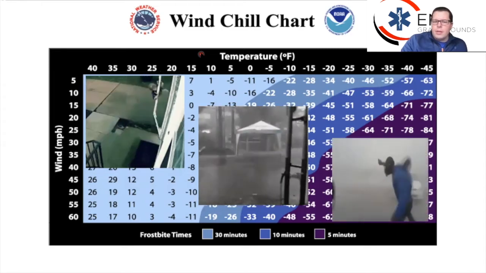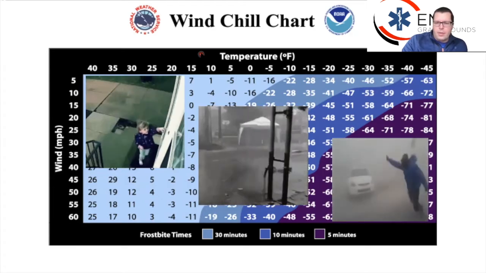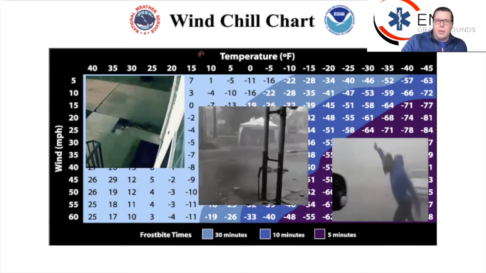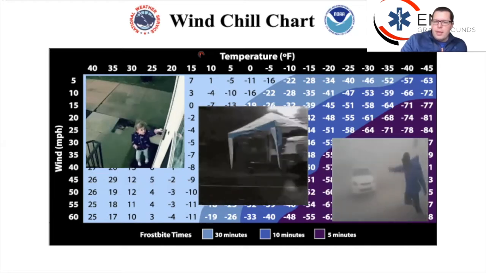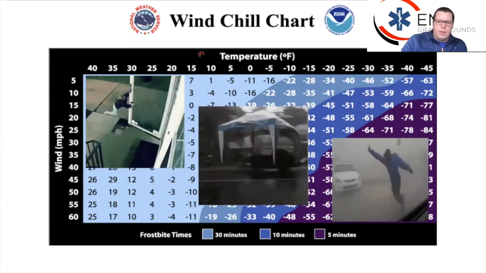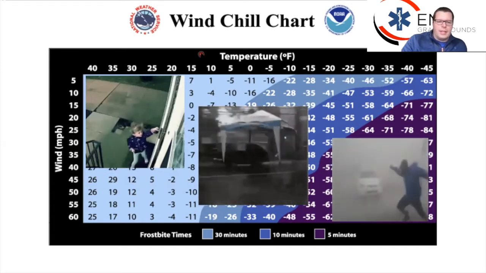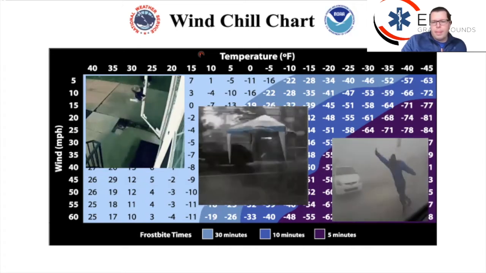And if you get into the hurricane force winds, 50, 60 miles an hour, which is possible in some Arctic storms, then you may get frostbite in 5 minutes, even if it's relatively warm outside. Probably not going to be relatively warm, but you get the idea.